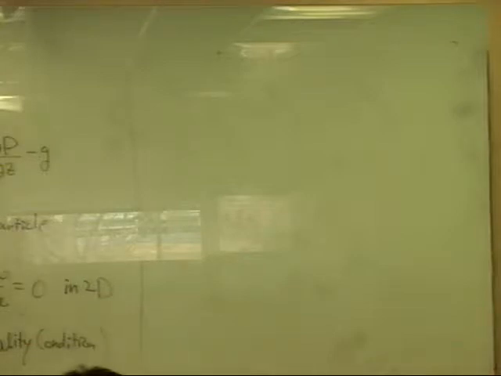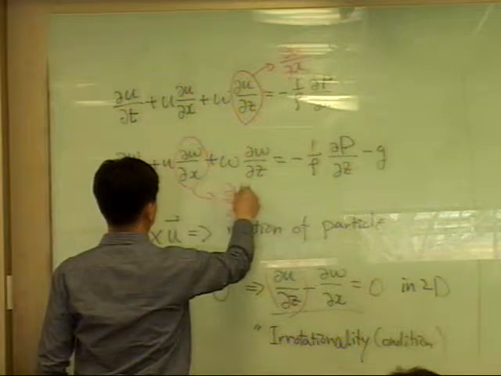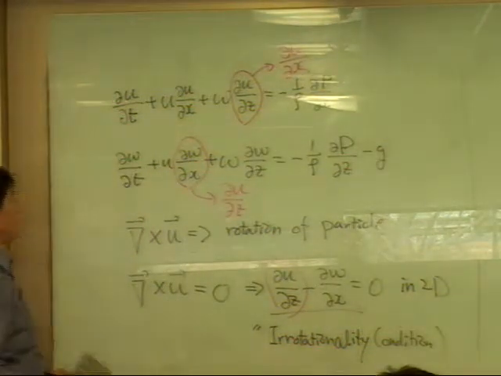So instead of this, we can use partial w, partial x, and also here we can use partial y, partial u.